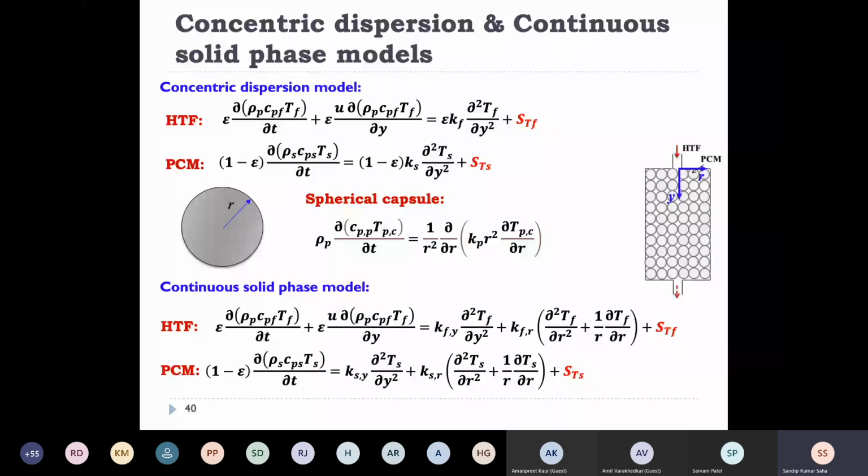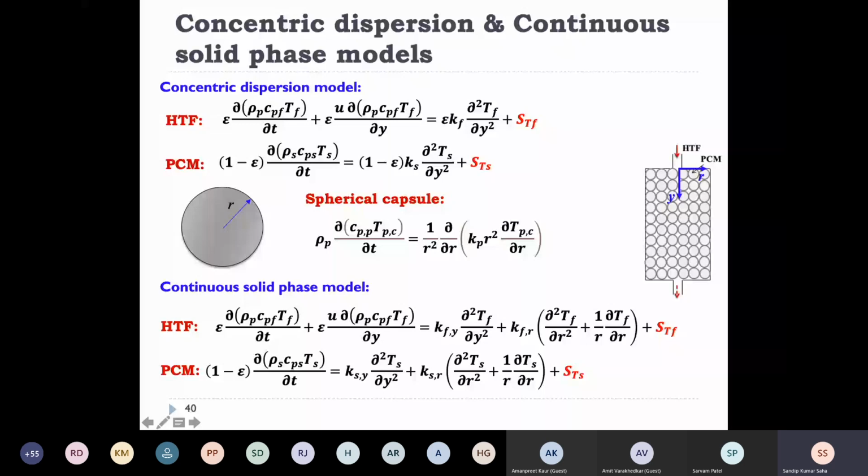Porosity actually varies with the radius, and at the wall there will be more voids, because fewer particles will be packed there. Please note this.